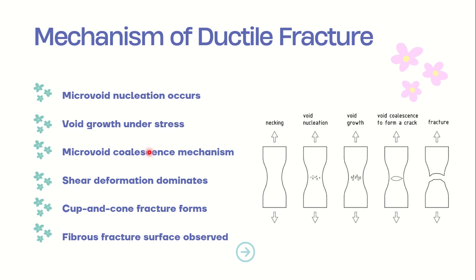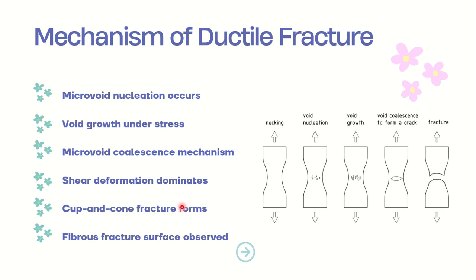In the second image, we see the microvoids. Then the microvoids grow into big voids. Then we see the grown voids are transformed into a crack. Then the fracture will occur.